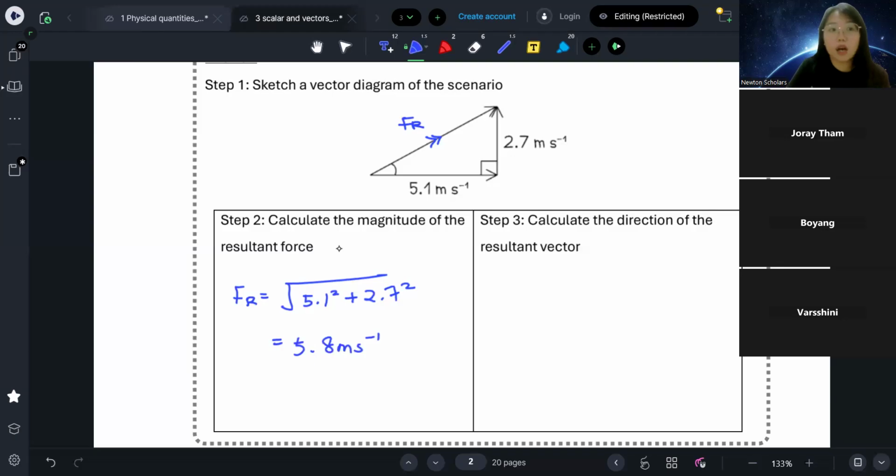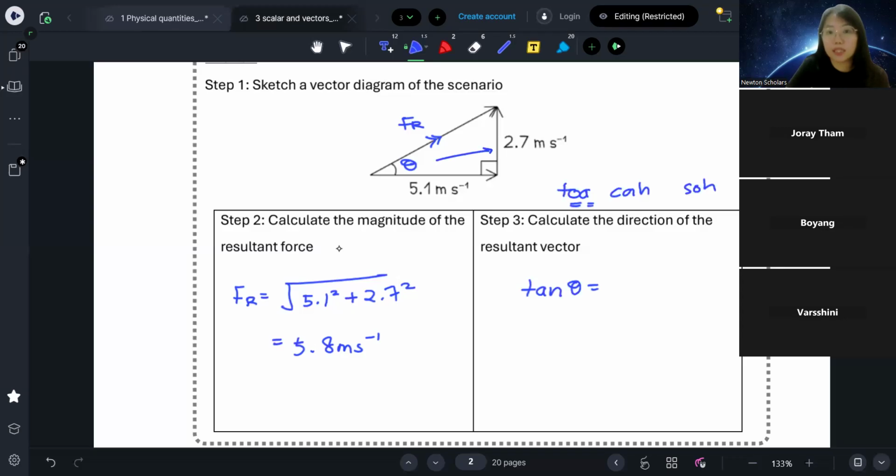Okay, of course, for a vector we have direction. If the question wants you to calculate direction, you can use trigonometry: sine, cos, tangent, SOH CAH TOA. You should be familiar with this. You can use either one. For example, in this question I want to find the angle, so I can use tangent theta, opposite over adjacent.